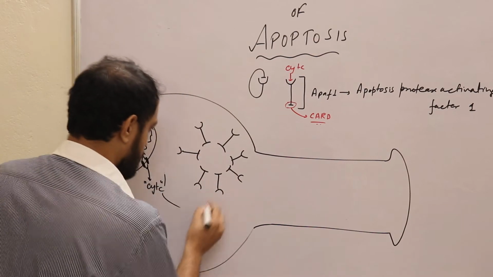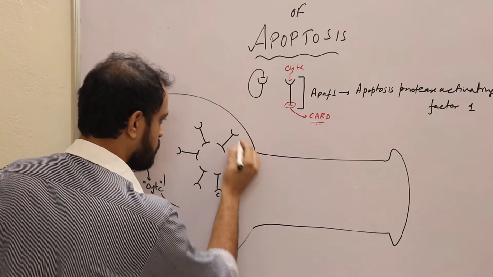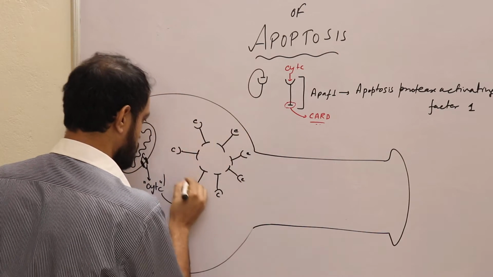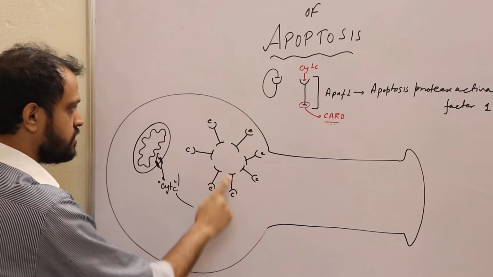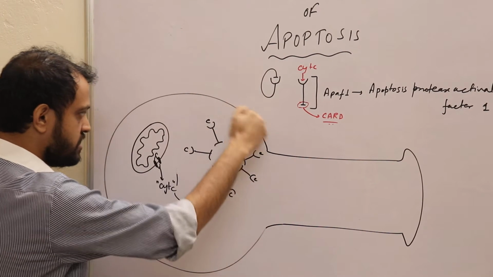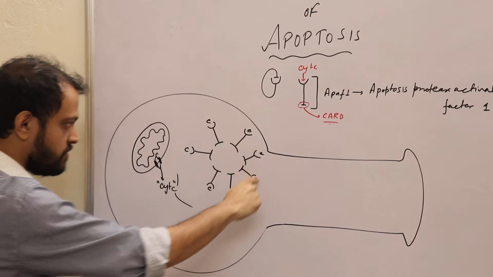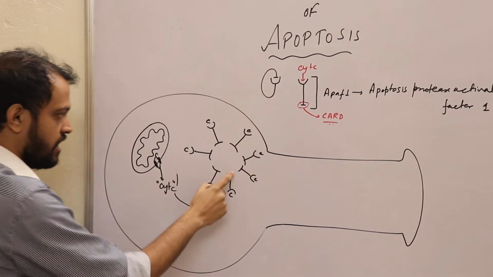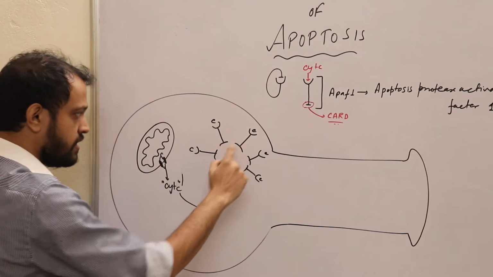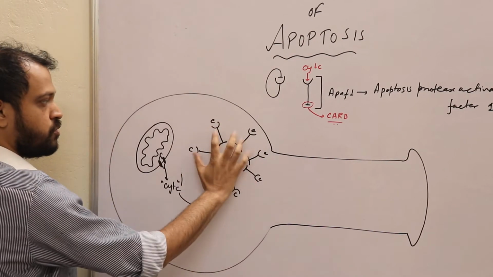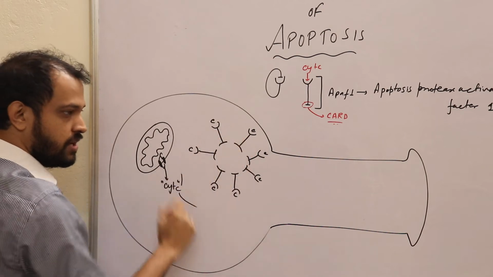Now listen, this is cytochrome C, cytochrome C, cytochrome C, cytochrome C, and so on. When cytochrome C is released, it will form this type of complex. This is the CARD domain, the CARD domains are projected towards one side, and cytochrome C is protruding out.